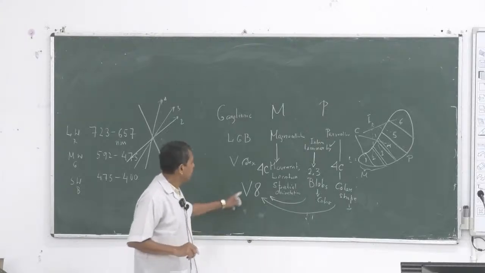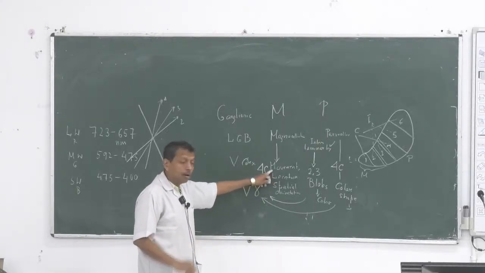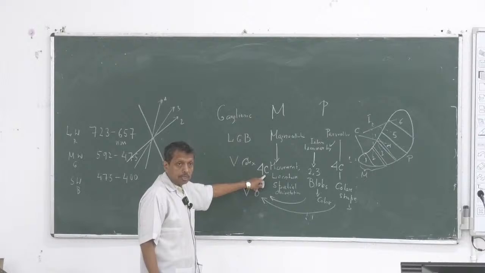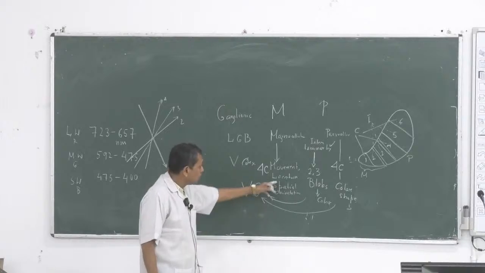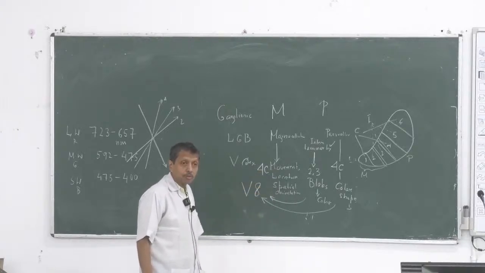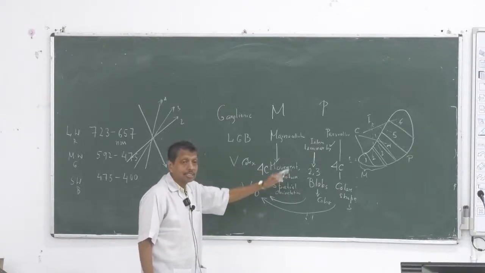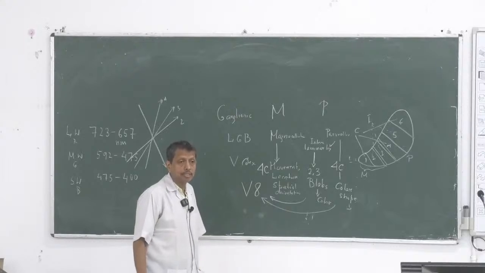And these M cells, in this case, are also in the area 4C. But it is different from this. A colored object can have movement, location, and spatial orientation. So different areas are simultaneously stimulated.